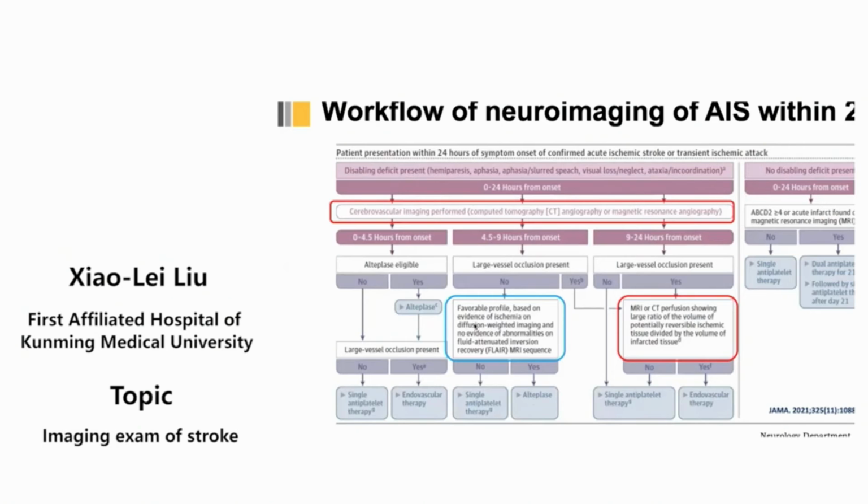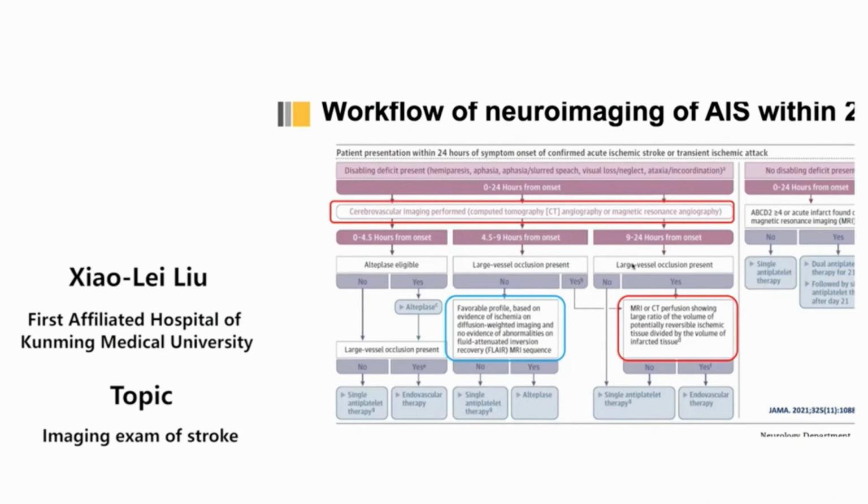If there is also a lesion in the FLAIR sequence, we just do the single antiplatelet therapy. This is the workflow of the AIS, how to manage within 24 hours.